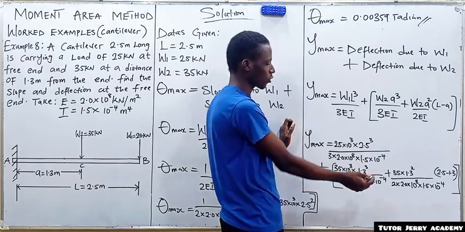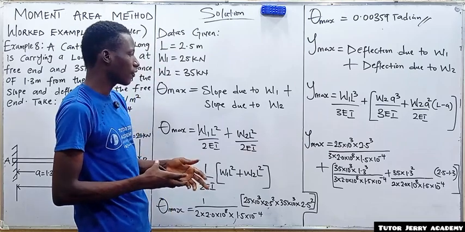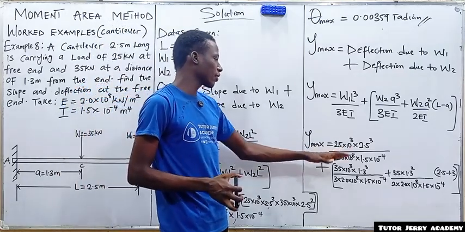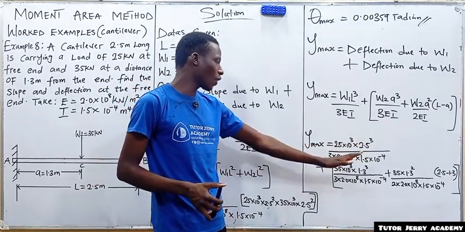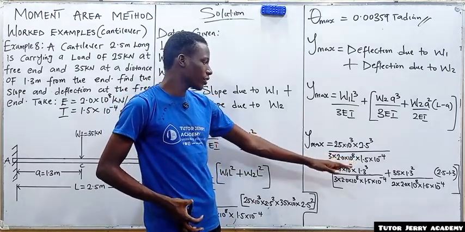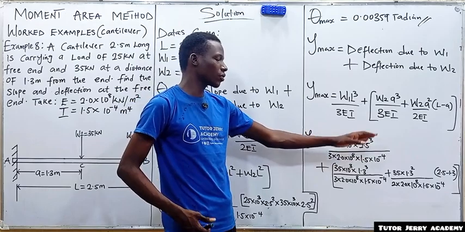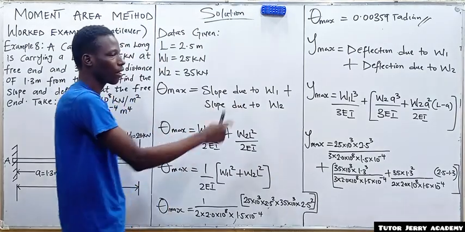So I have just substituted my values completely. Here we have 35 times 10 to the power of 3 multiplied by 2.5 to the power of 3 all over 3 times 2.0 times 10 to the power of 8 times 1.5 times 10 to the power of minus 4 times 10 to the power of 3.